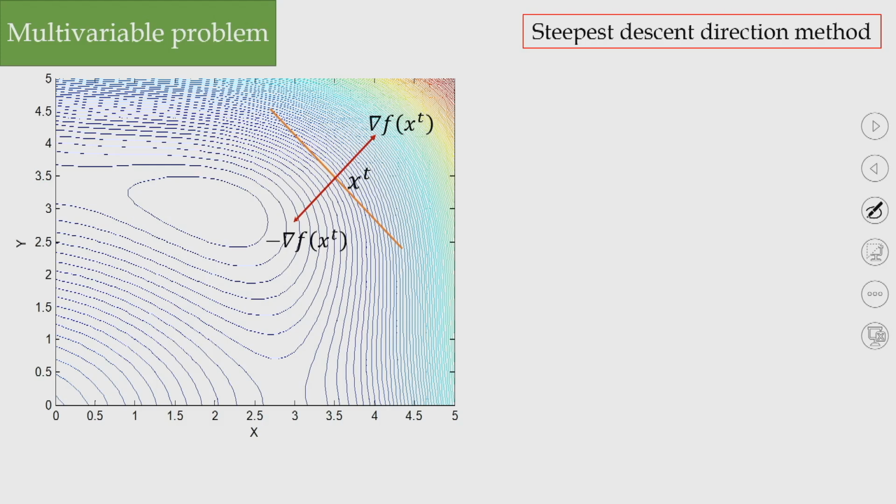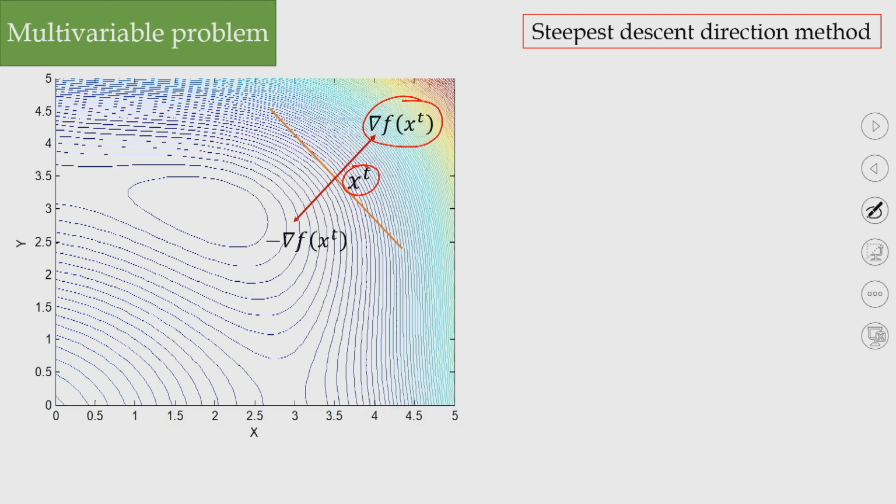Now, let us discuss another method, that is the steepest descent direction method. In this method, suppose you are at x t, then you calculate the first derivative value, del f at x t. This method goes along the steepest descent direction. What is a descent direction?